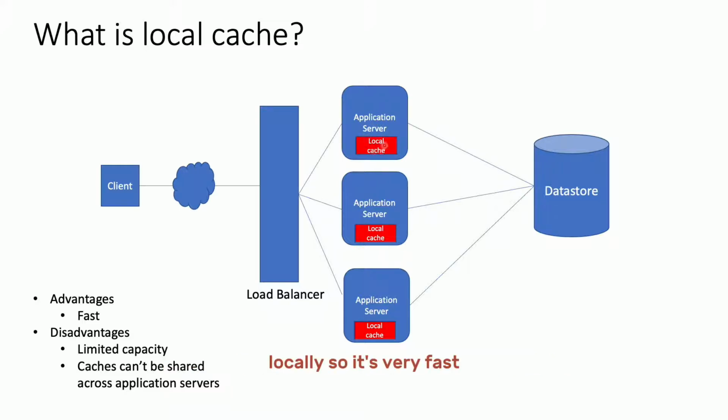But it also has many disadvantages. One is that the capacity is very limited because the application server and local cache are in one server, so they cannot be scaled, just limited to one server.